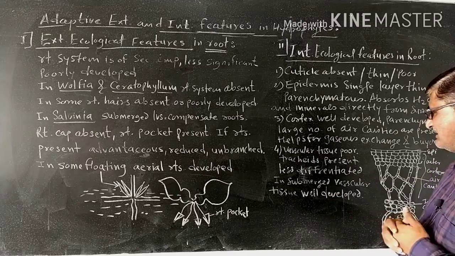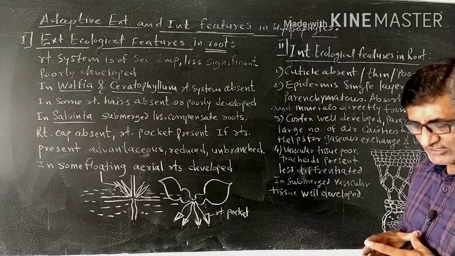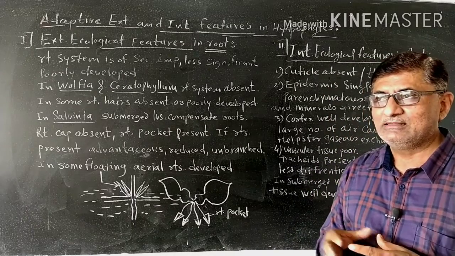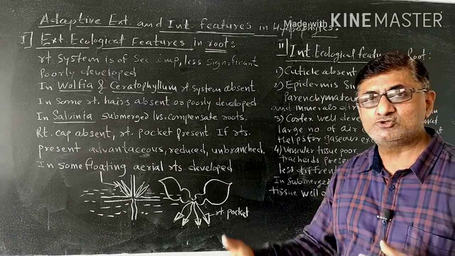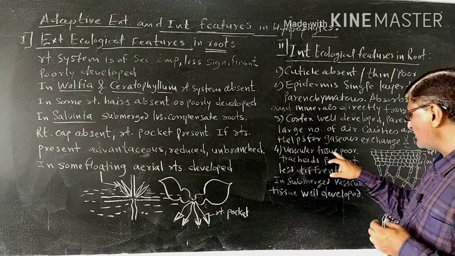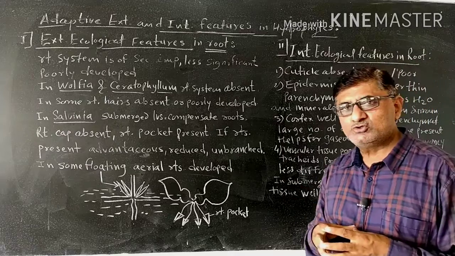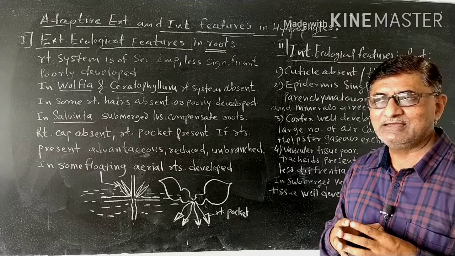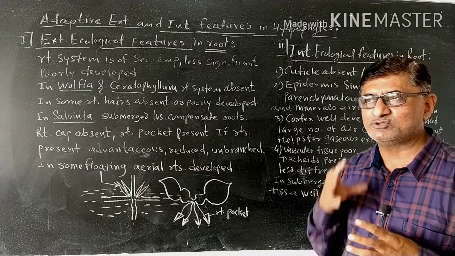Also, another internal character in the root is that the vascular tissue is not well developed. You know the function of vascular tissue is the absorption of water and minerals. Here the vascular tissue is poorly developed, and it shows the presence of tracheids only. Tracheids are close ended xylem elements, and they do not help in absorption.